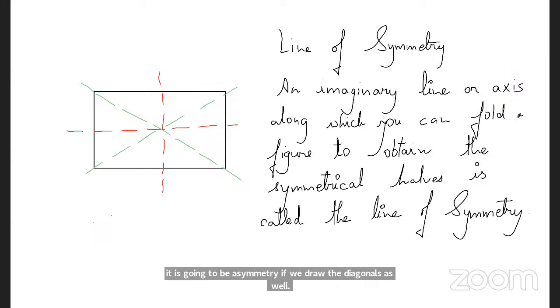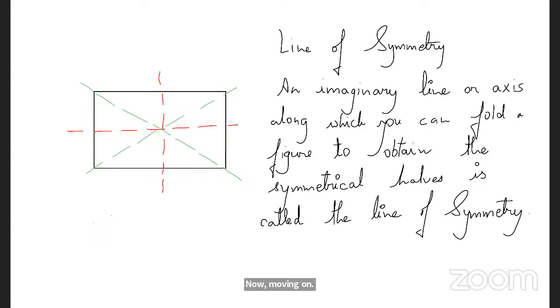Now moving on to what kind of symmetrical lines a shape may have. Some shapes may have no line of symmetry.